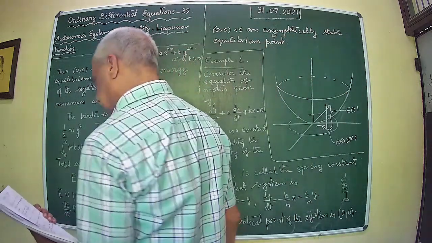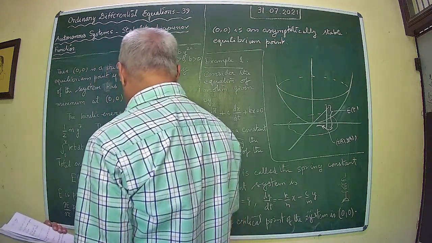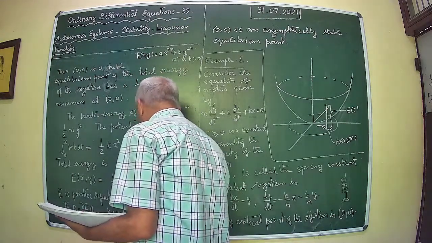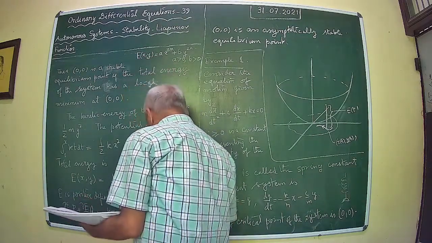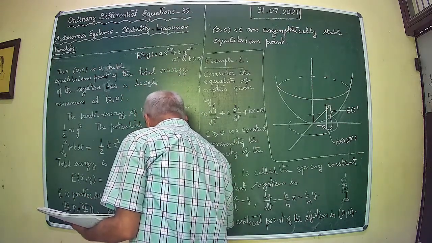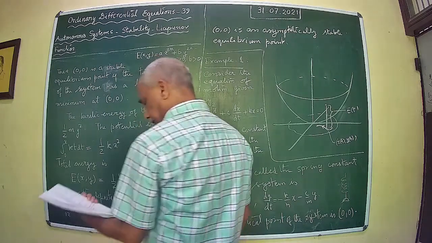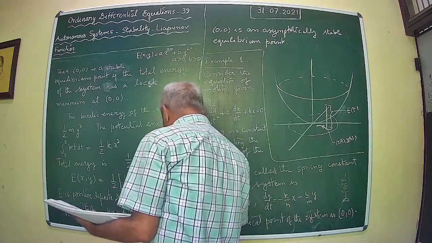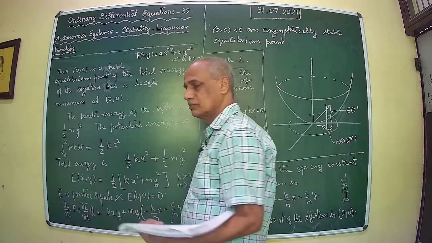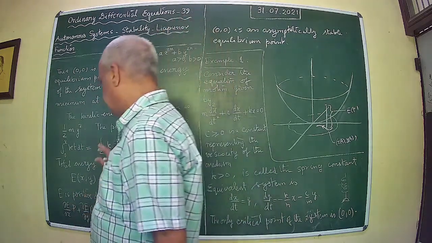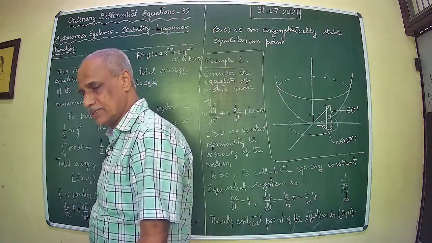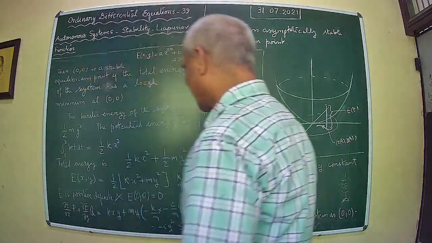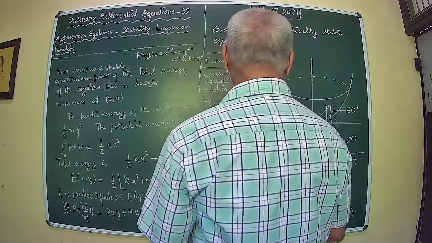Okay, so let us work it out. So what happens? You can show that this is equal to minus C y square, and you know that this is certainly less than or equal to 0. So this is a typical Liapunov function. That's why initially we started calling it an energy function.